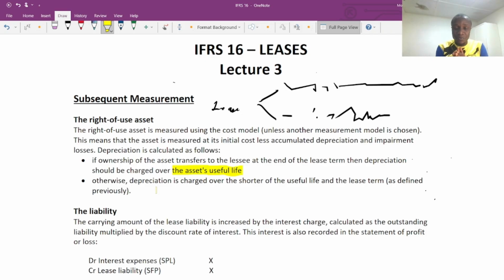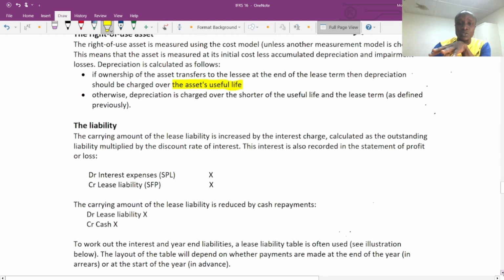If ownership of the asset is not transferred to the lessee, if at the end of the lease term the lessee who has the right to use the asset will return the asset to the lessor, then ownership is not transferred. In that situation, we are going to depreciate the right of use asset using the lower of the useful life and the lease term. Very simple.